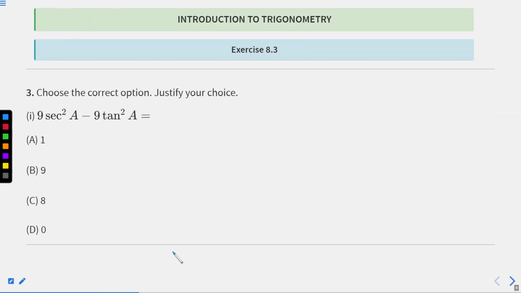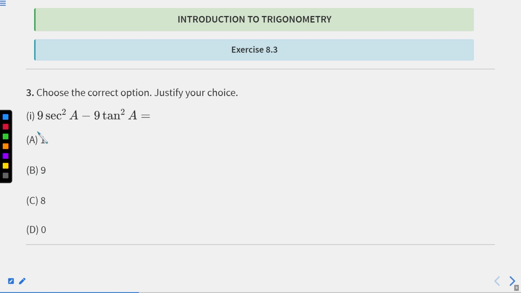So in question number 3, here we have to choose the correct option, and we also have to justify our choice. Here we have 9 sec square A minus 9 tan square A. So this is equal to what?